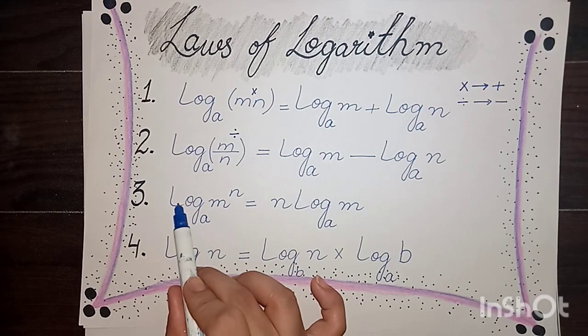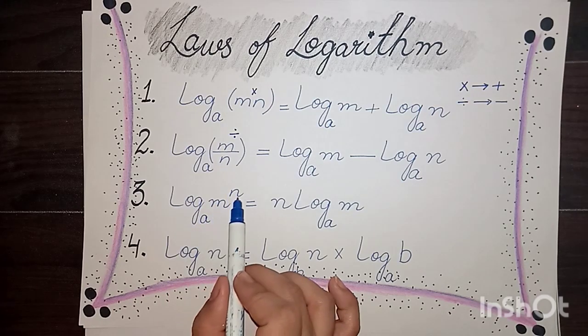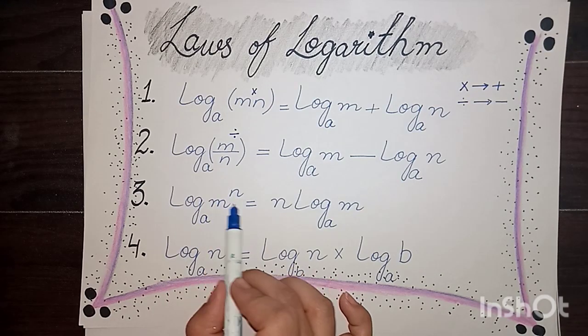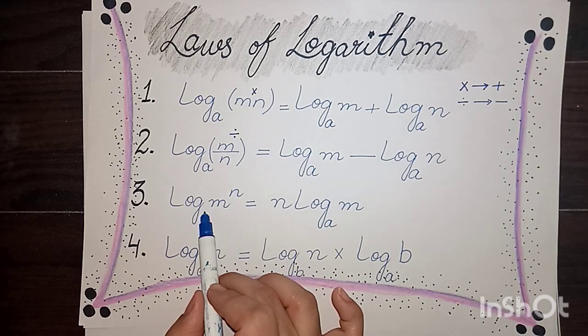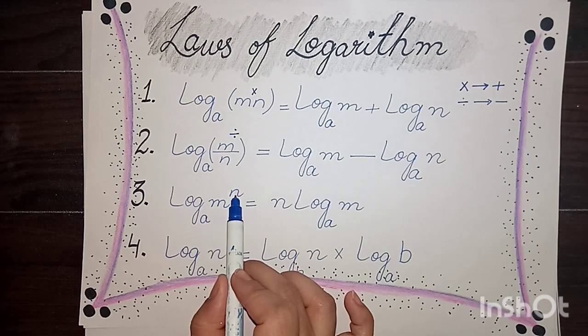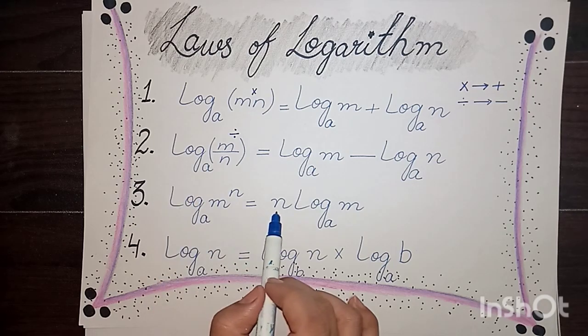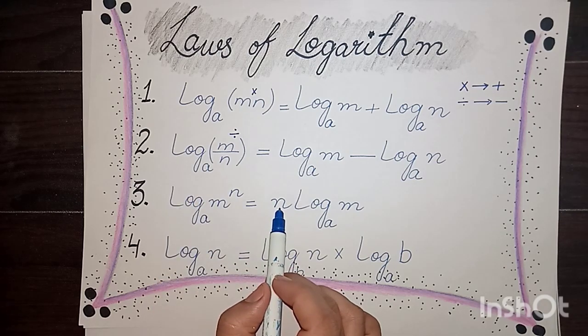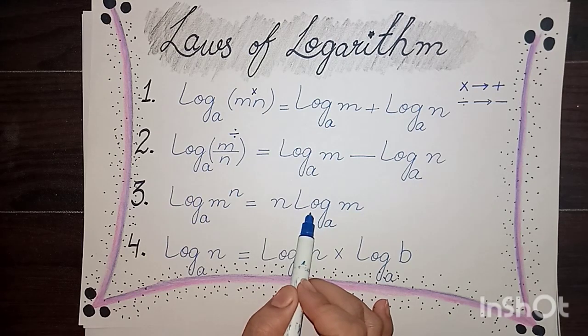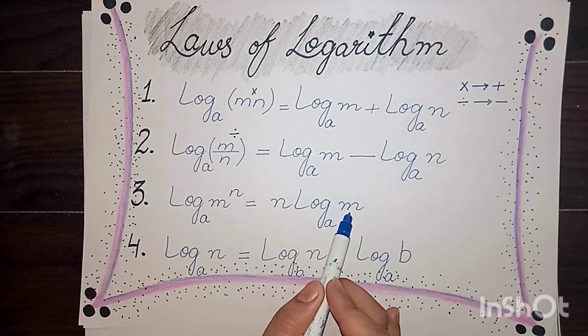Now next is log of a m to the power of n, means if we have the exponent in log, then we will write this exponent at the front of the log. First of all we will write the value of the exponent, then after that log of a m.